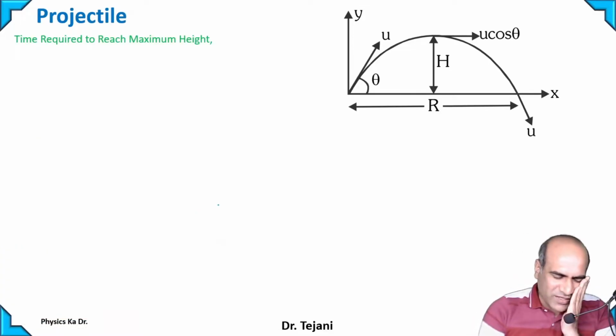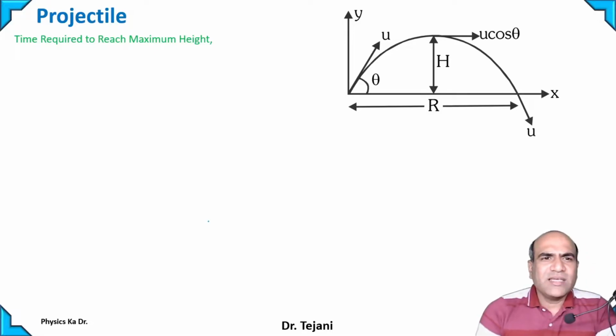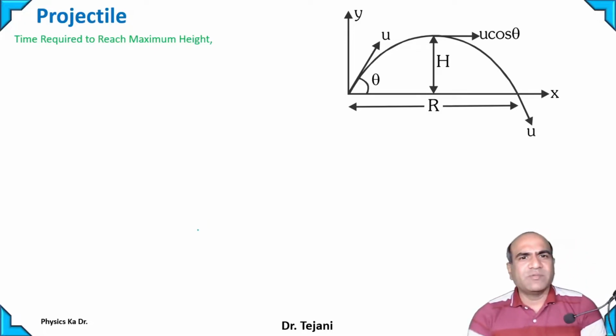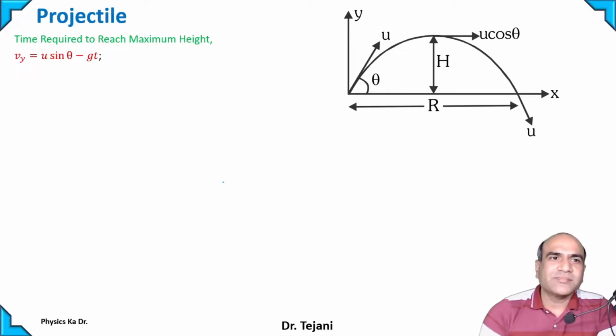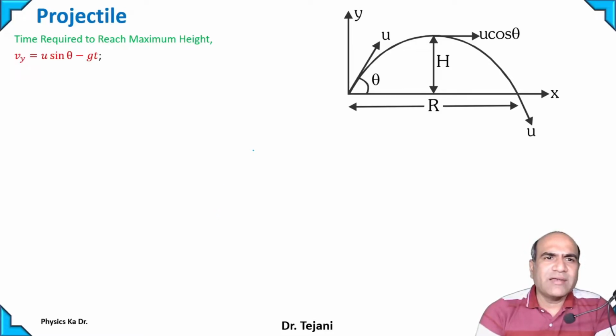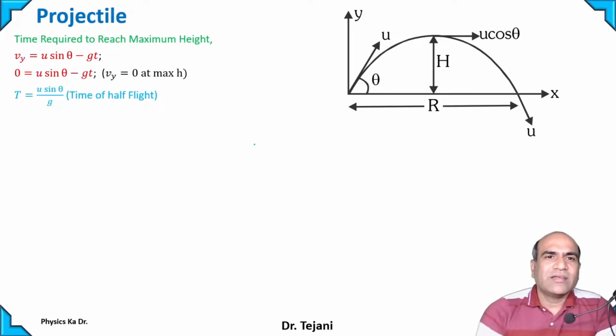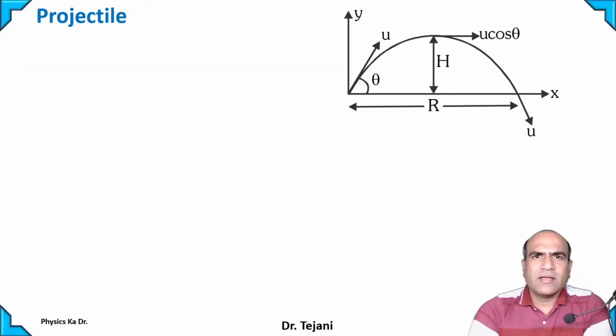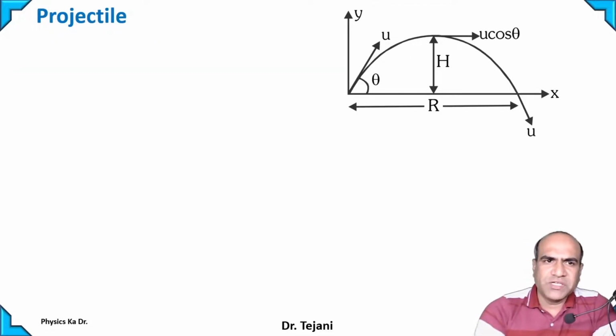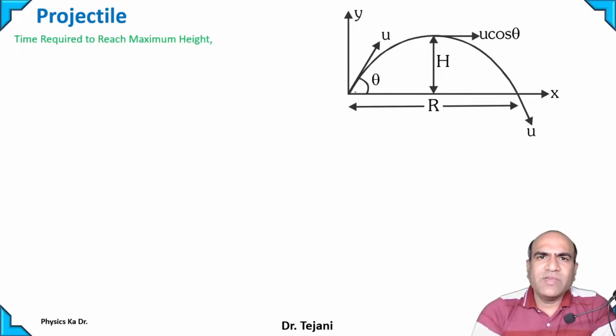So let's move here. See here, it is mentioned the time required to reach maximum height. So Vy is equal to u sin theta minus gt. Vy is equal to 0. You may remember these equations or you may derive them directly from the previous three equations. Say for example, first, time required to reach maximum height. We have the time of flight, which means the object starts from the beginning 0 and reaches the final position.